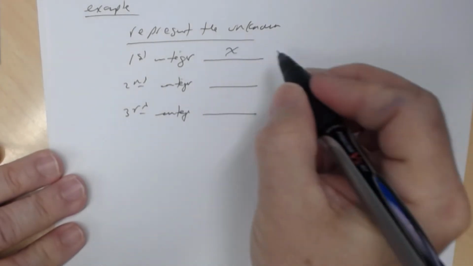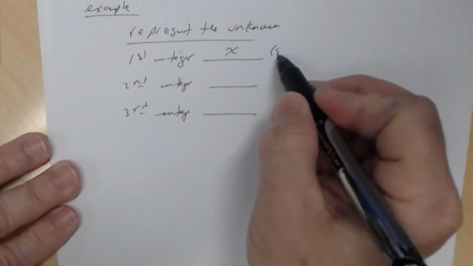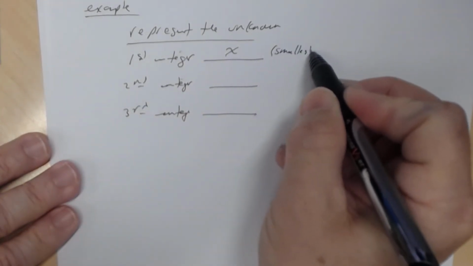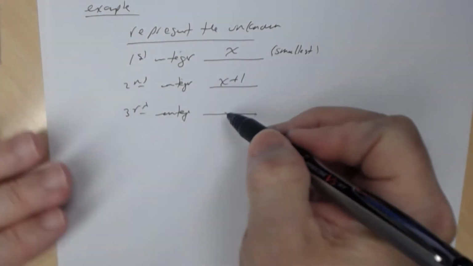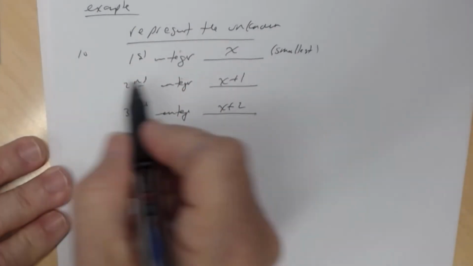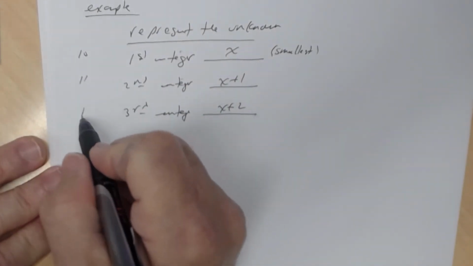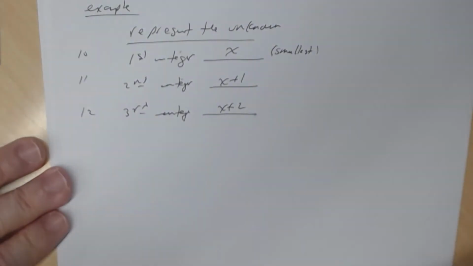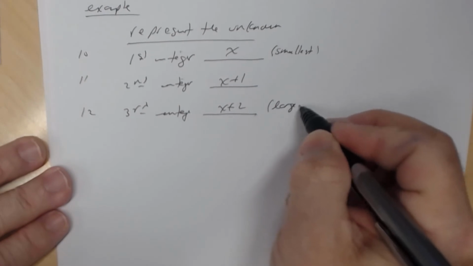If x represents the smallest, then the next integer will be x plus 1, and the next one after that will be x plus 2. If this, let's say, is 10, then this has to be 11, and then 10 plus 2 would be 12. So that's where you get plus 1 and plus 2 from. And this would be the largest.